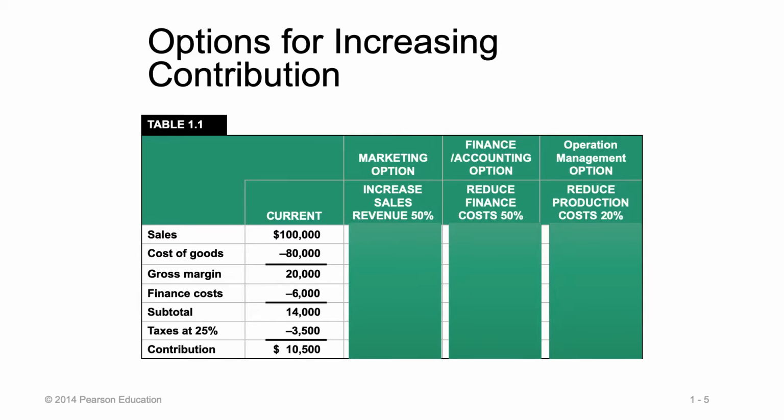So we have this example. Imagine we will see the importance that we have in the operation management option decision, the finance and accounting option decision and the marketing option decision. Look at this. Imagine that we are in a meeting, right? I am the COO of the company, and I need to increase the contribution of the company.